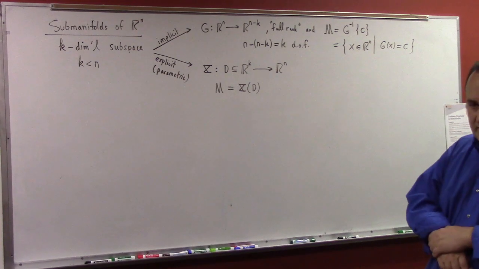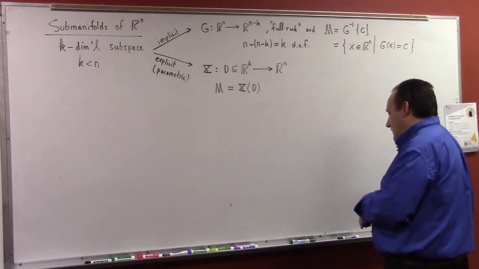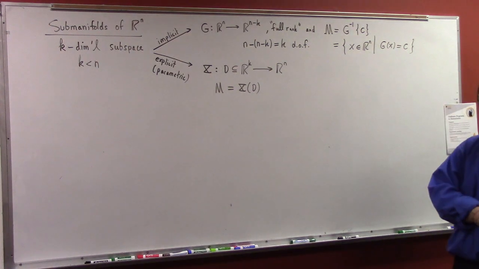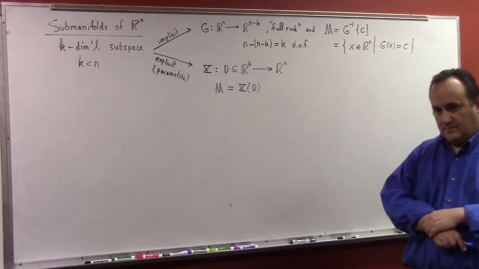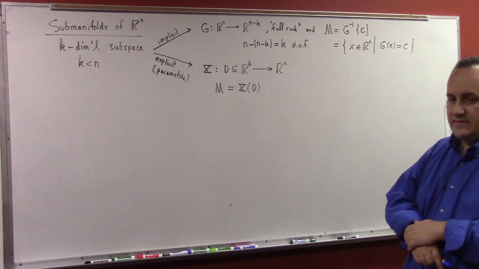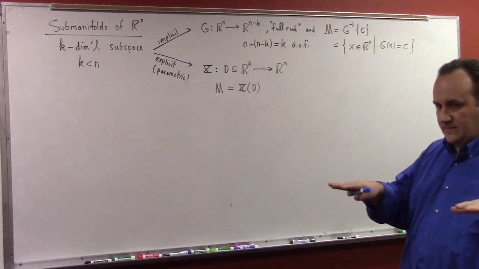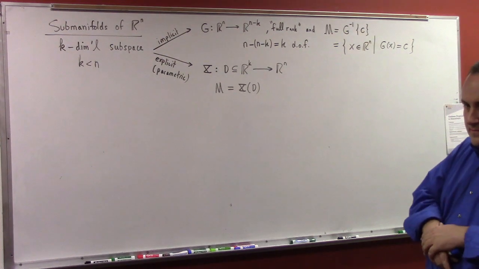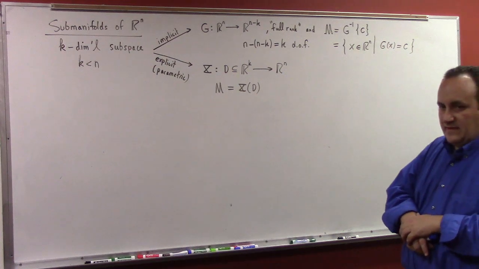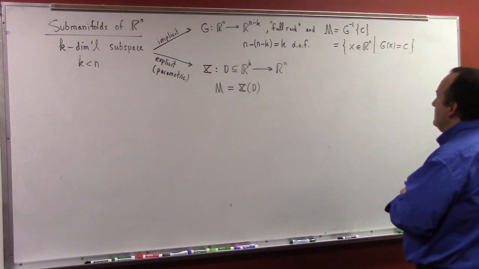But if I'm in 4 dimensions and I wanted to describe a 2-dimensional tangent plane, I wouldn't need just one equation, I would need 2. If I was going to describe a 3-dimensional subspace of 4 dimensions, then one equation would do. So these are things we have to grapple with as we think about how to describe things.